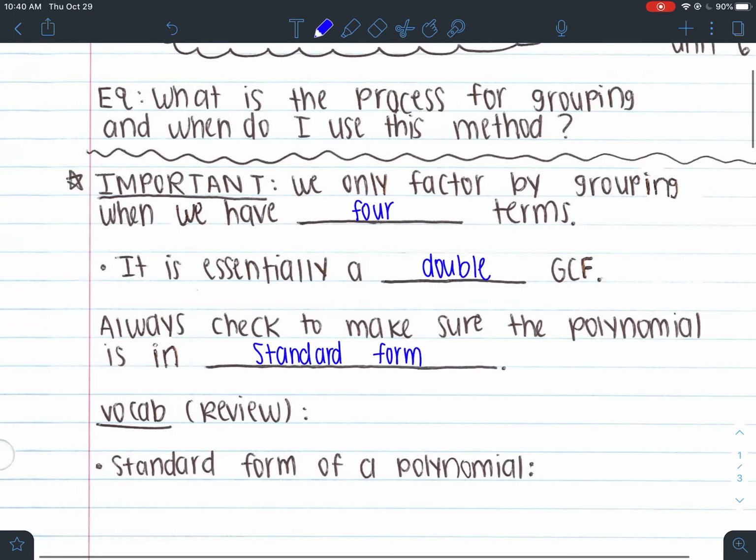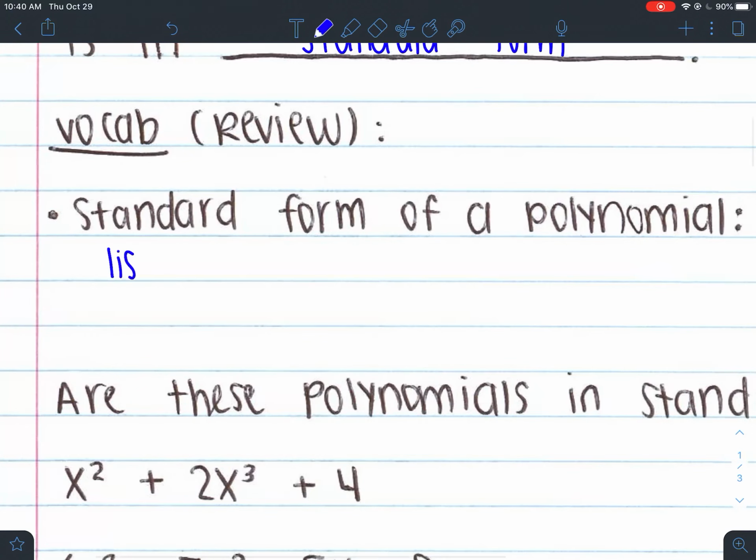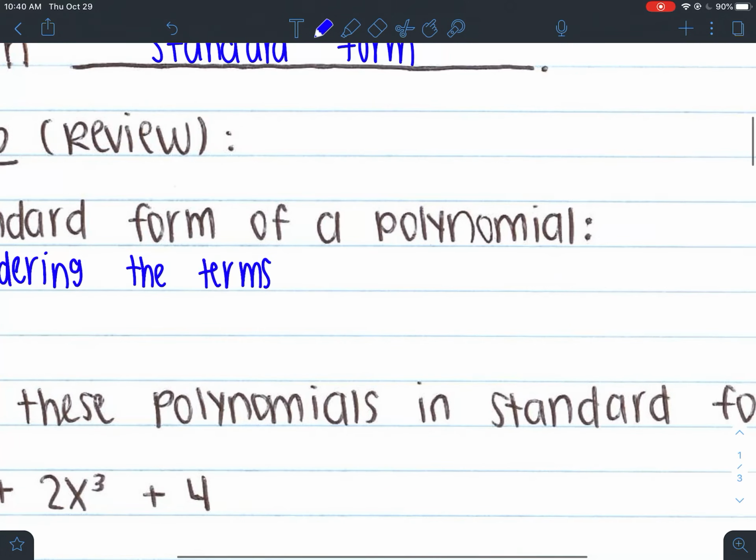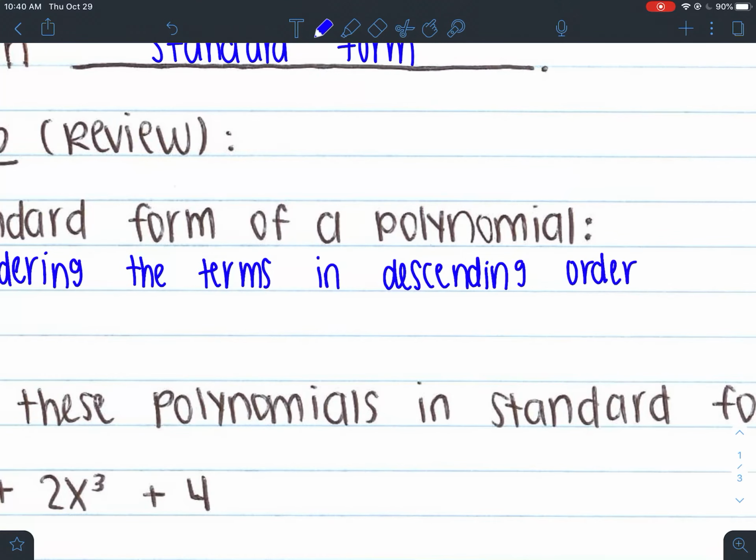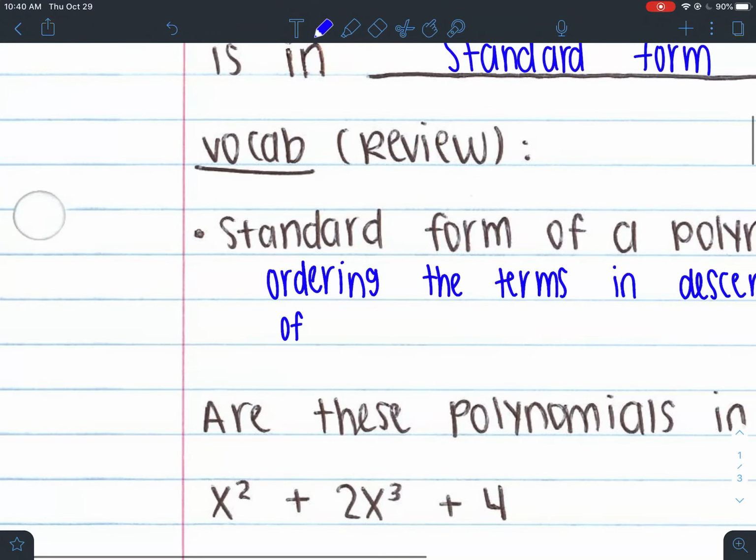Now, standard form of a polynomial is listing or ordering the terms in descending order of exponents.